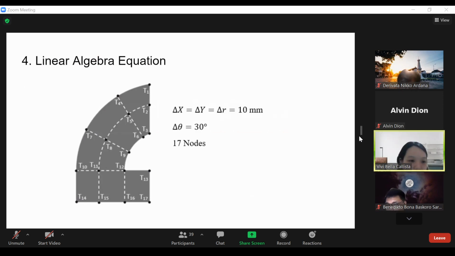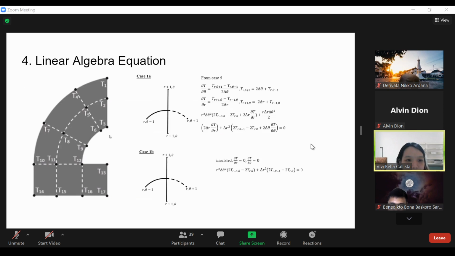So next I will explain the linear algebra equation. This time we will look at the first condition, the initial condition, which has 17 nodes. For example, I want to calculate T2.